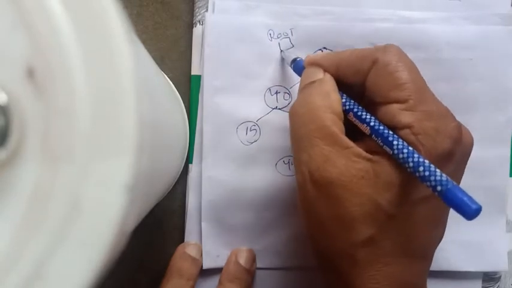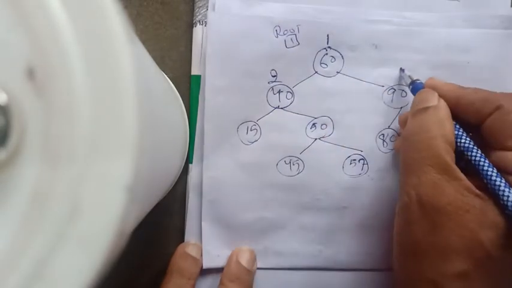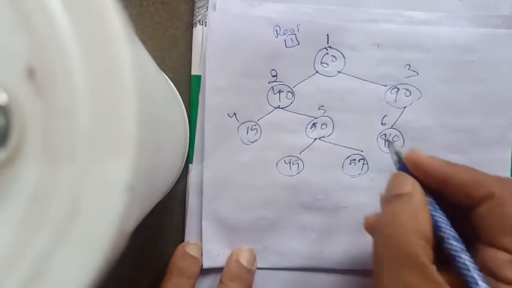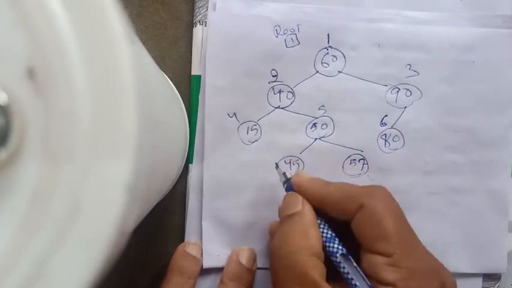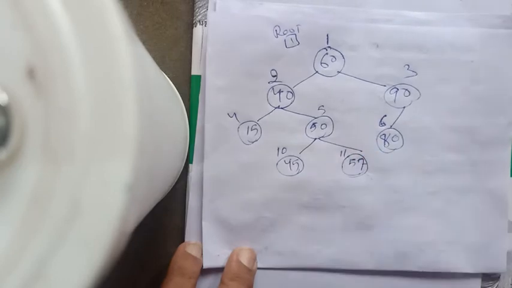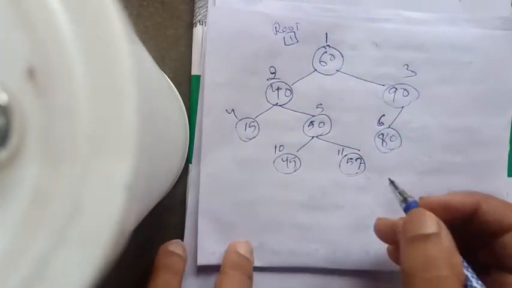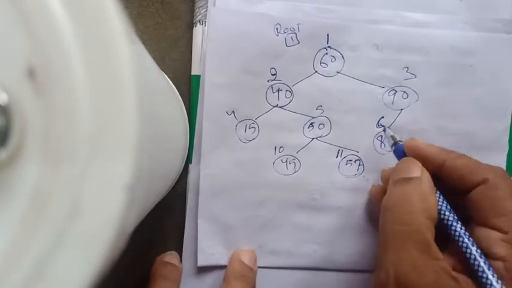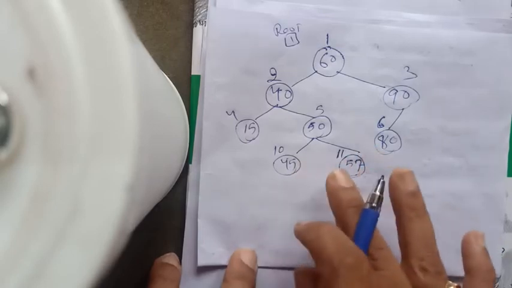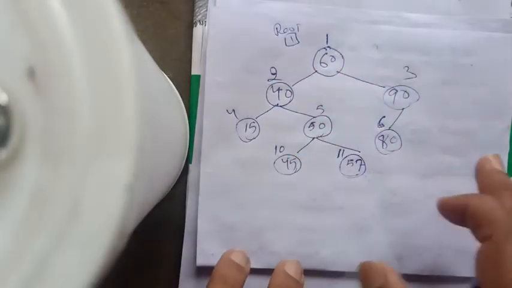So given numbering, this 1 means the address, then 2, 3, 4, 5, and this is numbering 6, then this is 10 and this is 11. These numbers are what I refer to as addresses. You might be wondering, after 6 the next node should have been 7, but since these are addresses, there is no particular ordering required.